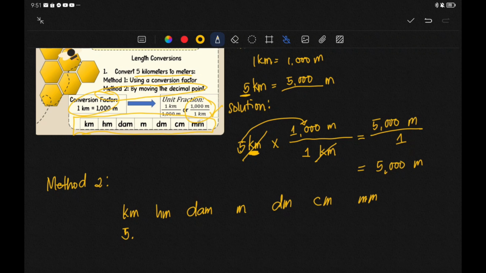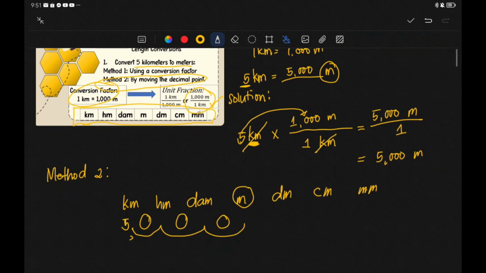We need to move the decimal point until our target, which is meter. So, from km, let's move 1, 2, 3. So, this is meter. Fill in the blanks with 0. So, 1, 2, 3. Therefore, we have 5,000. So, our answer for method 2 is 5,000 meters also, which is the same as our answer in method 1.